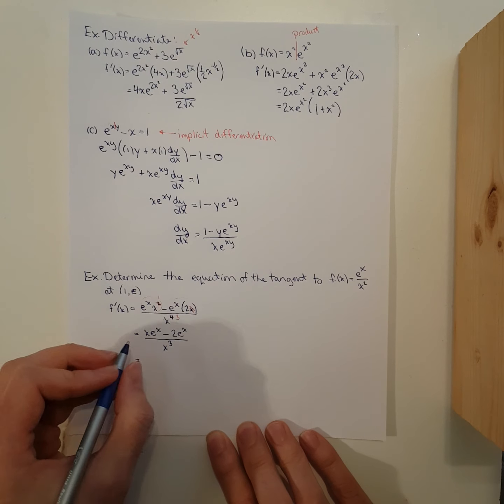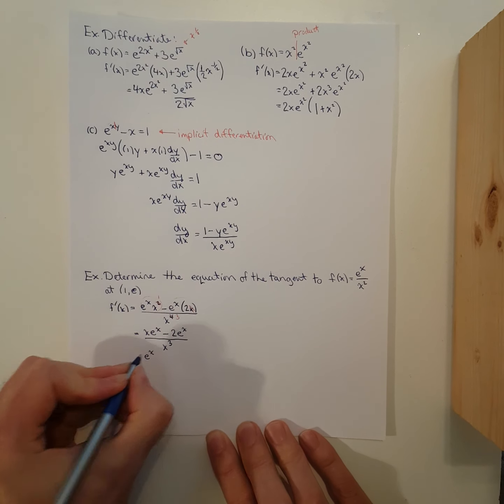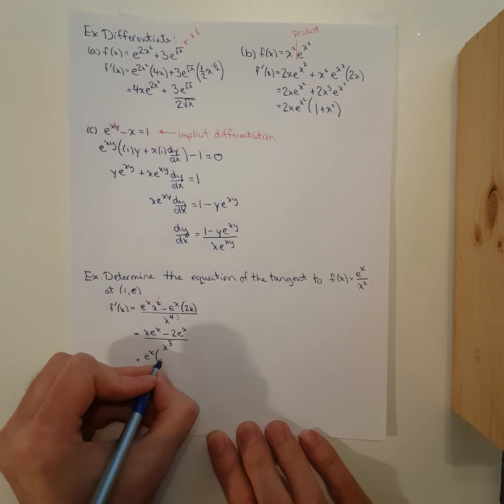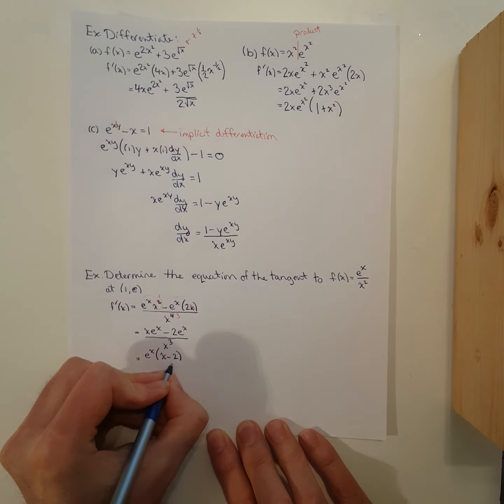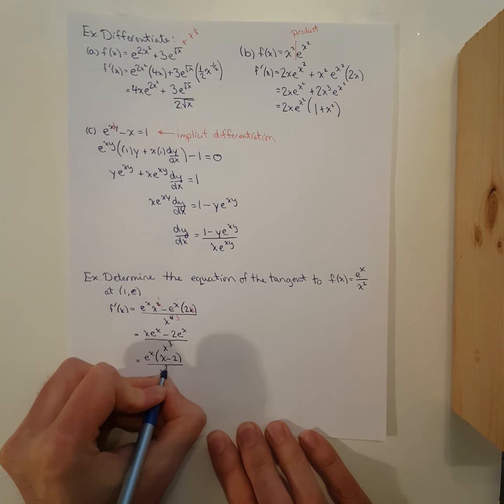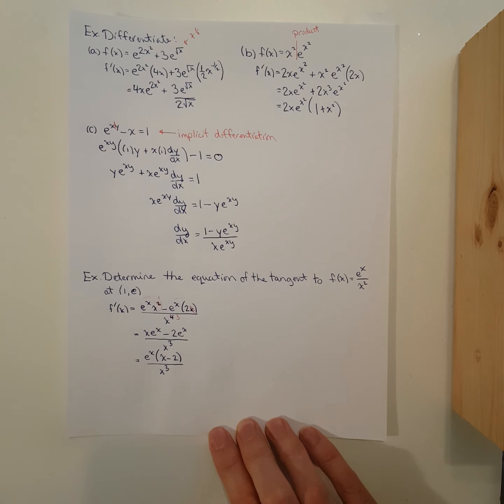And like we did above, we could do a little common factoring here. E to the exponent x is common to both terms, leaving us with x minus 2 all over x cubed. So there is our derivative.